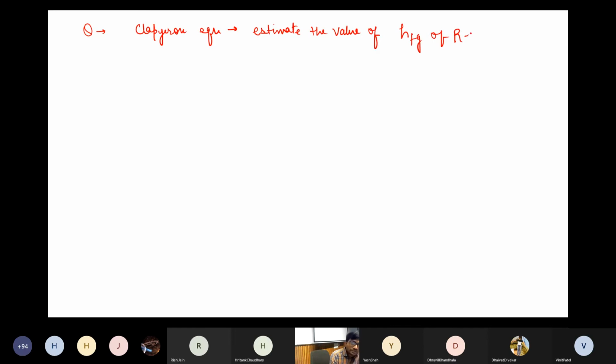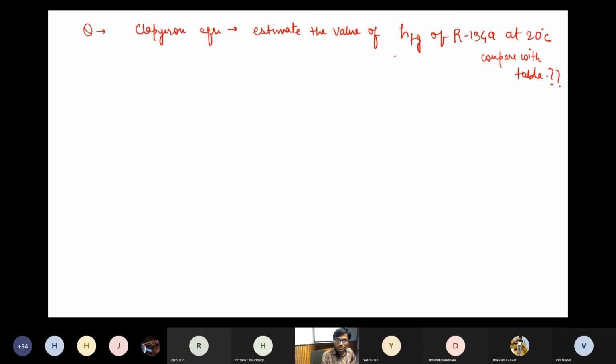So let me quickly take an example so that it will be more clear. So your question is: using the Clapeyron equation, estimate the value of enthalpy of vaporization of refrigerant 134A at 20 degrees C and compare with your table, how far you are there.